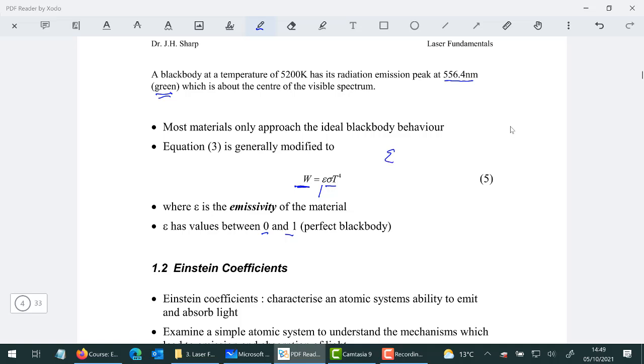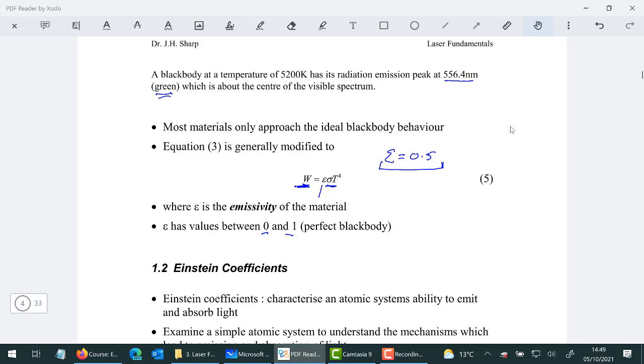So if the emissivity was 0.5, then we'd say, okay, this is not a perfect blackbody material. We're getting 50% of the power out that we would expect to get from a perfect blackbody radiator at the same temperature. So this value, the emissivity, is a measure of how close a material is to the ideal.